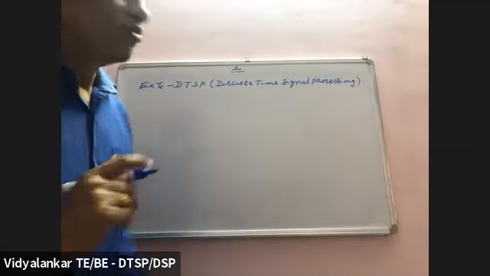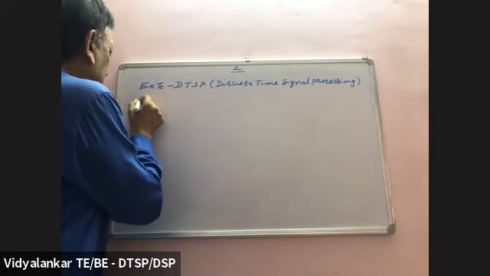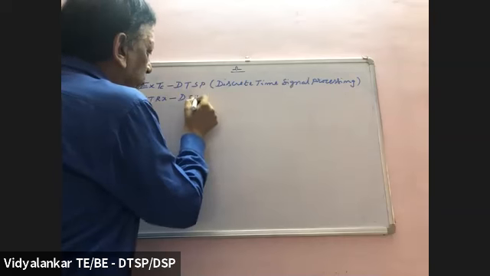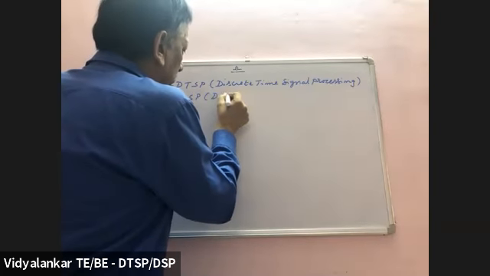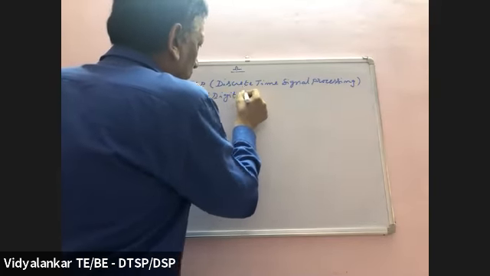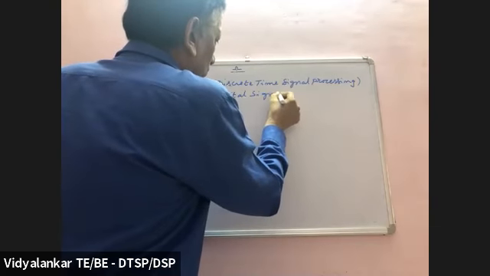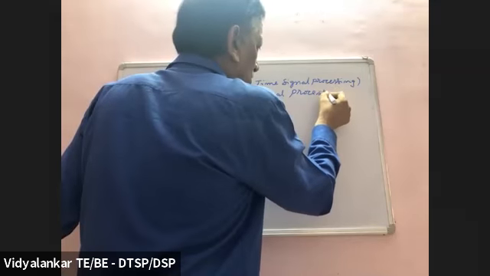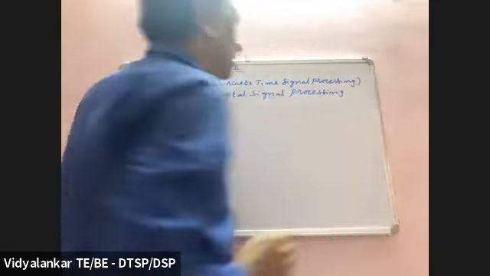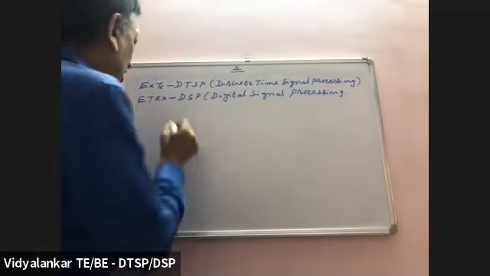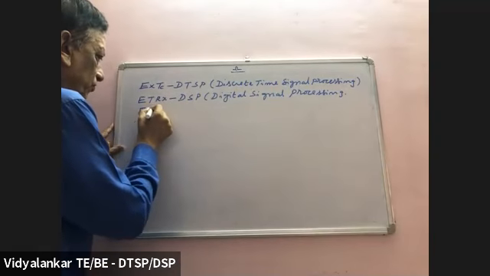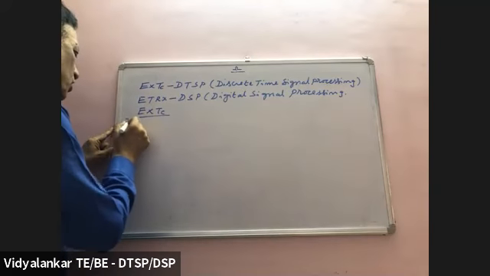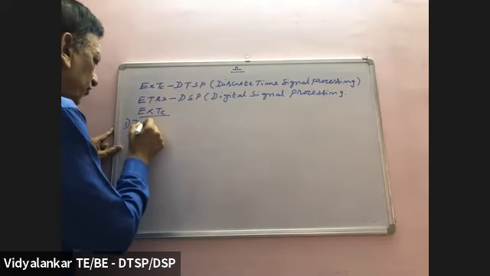Audio okay. For ETRX, it is DSP, digital signal processing. For EXTC, the 6 modules are: the first module is DFT and FFT.